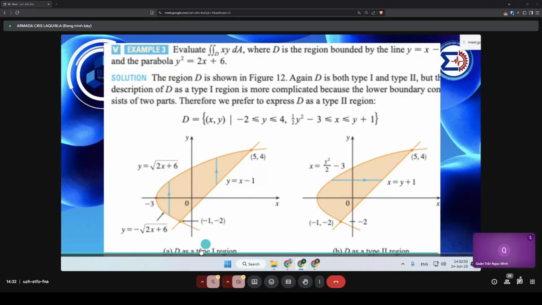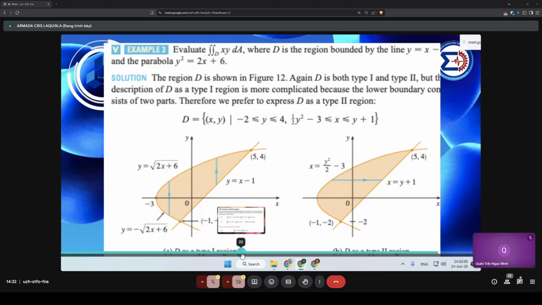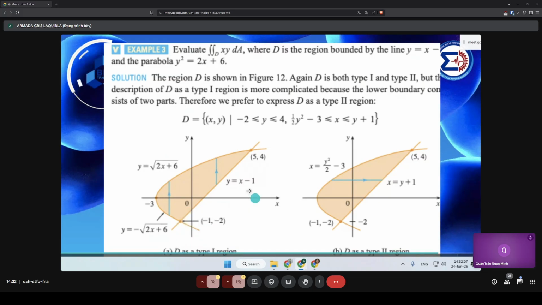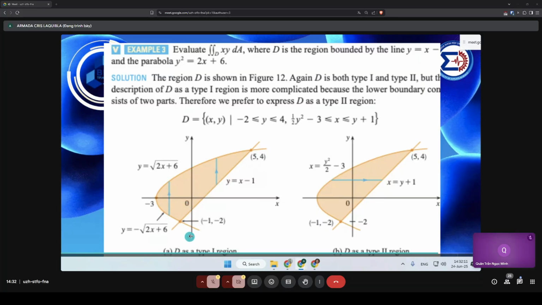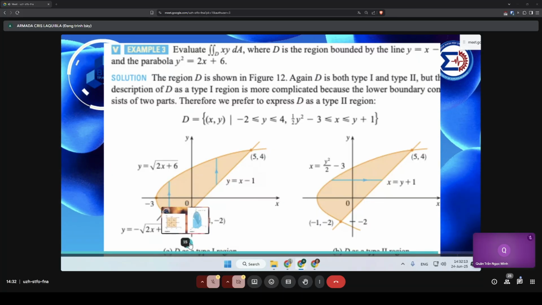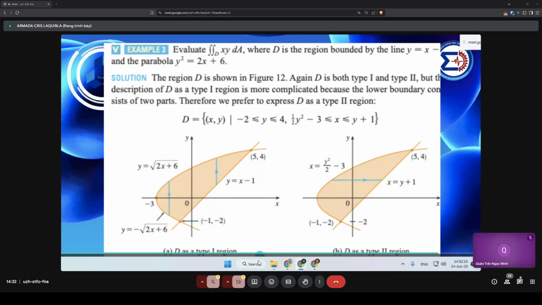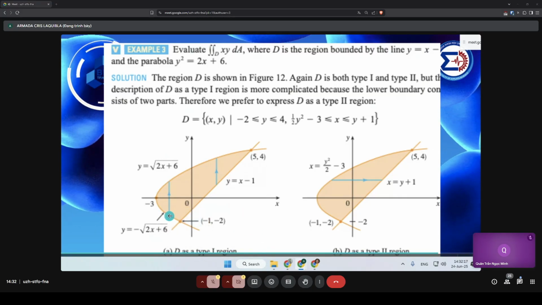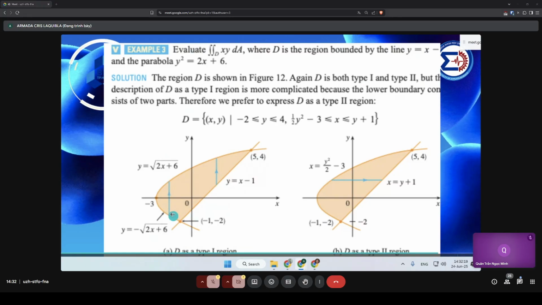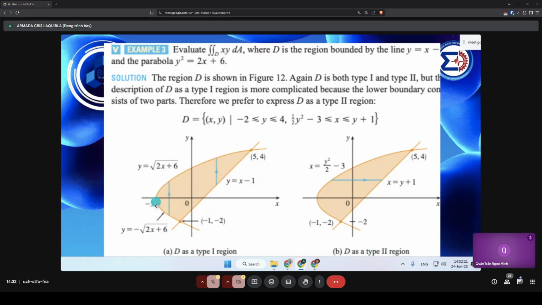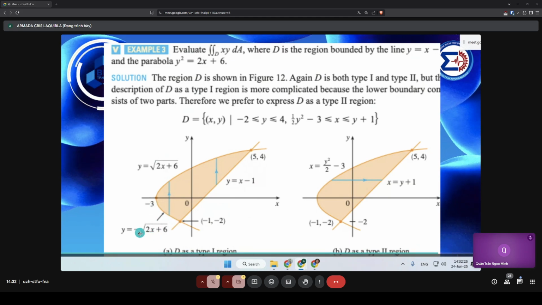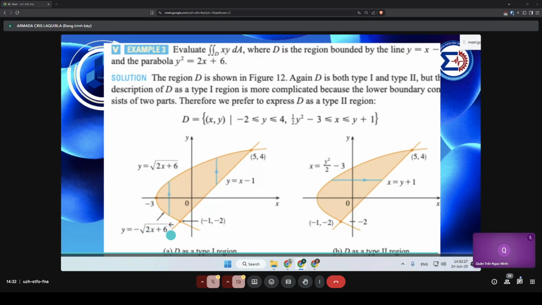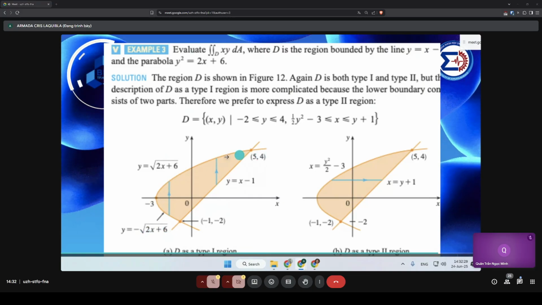This one now is, if you're going to solve it in the type 1 region, this is very complicated because as you can see, it's from the lower going up, right? So there's a part here. As you can see, class, the lower of the graph here is the negative square root of 2x plus 6, and the higher is this.